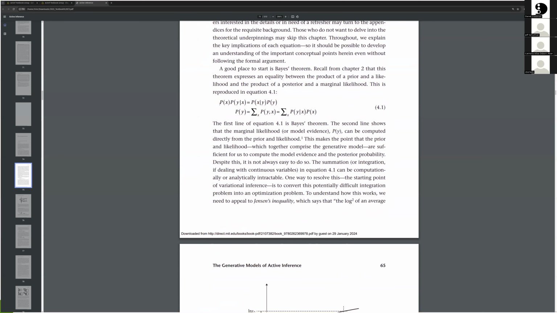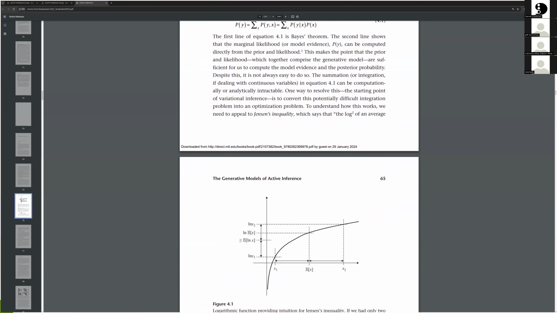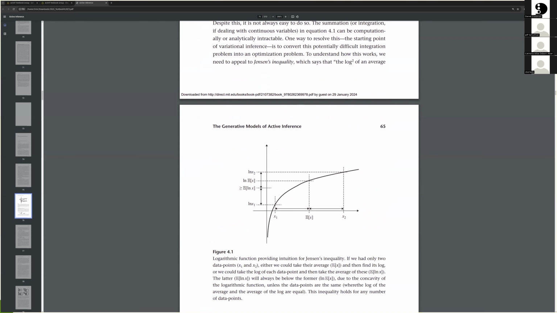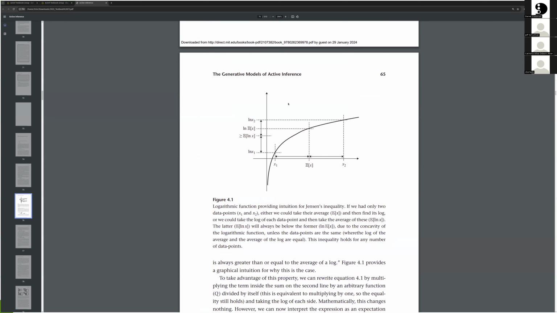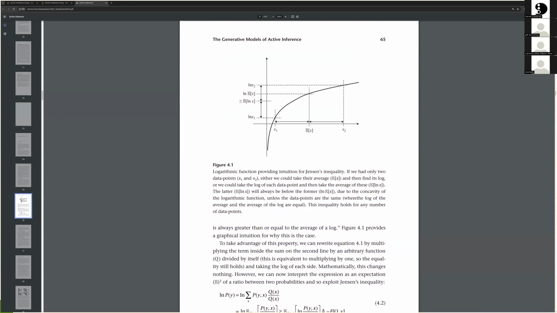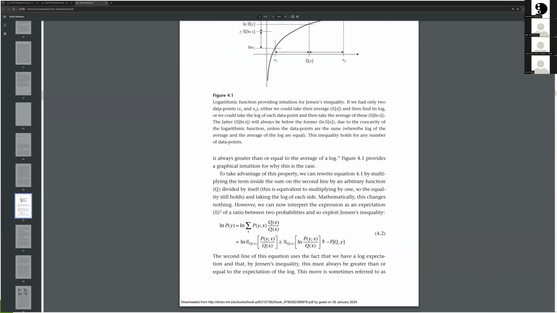Like the title of the section, they do start with Bayes' theorem. Though this chapter also says that it will present the active inference generative models, and it does, there are a few background detours or interludes, like Jensen's inequality towards equation 4.2.